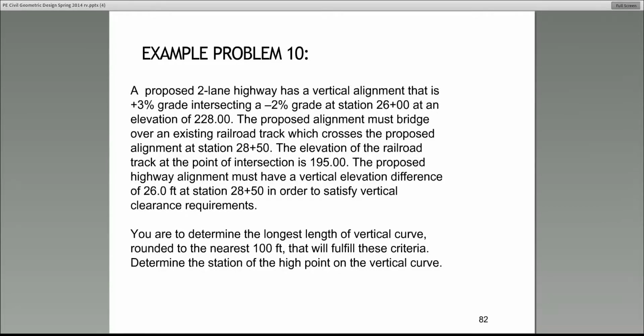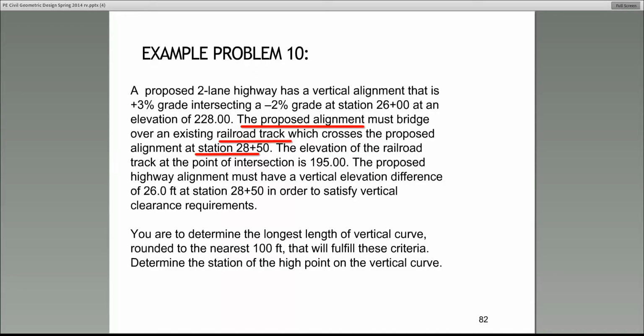Read the words here, but what I need to point out to you is this. They say the proposed alignment must bridge over an existing railroad track, and this railroad track crosses the proposed alignment at station 28 plus 50. So far, so good. However, pay attention to the next line.